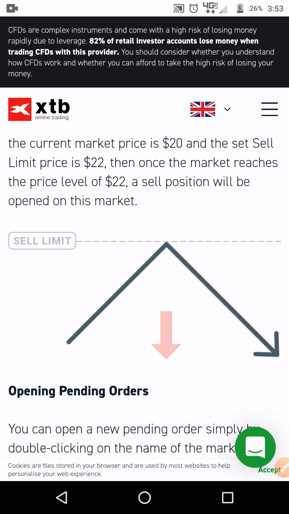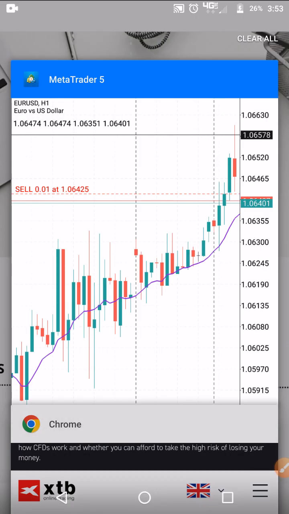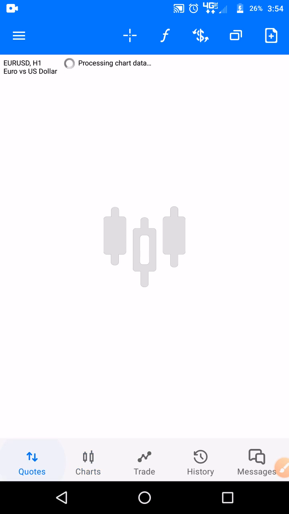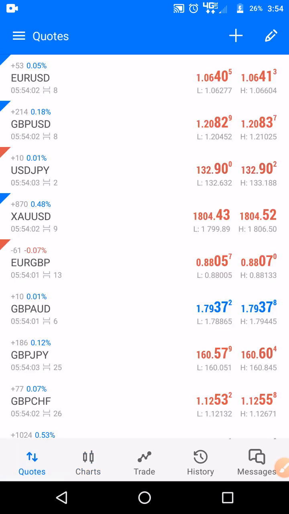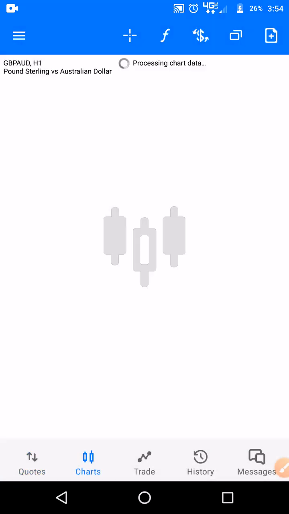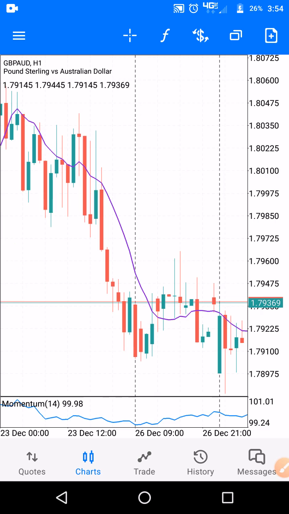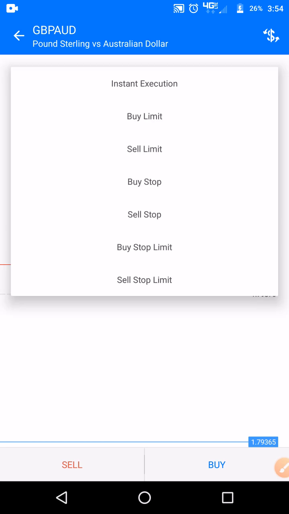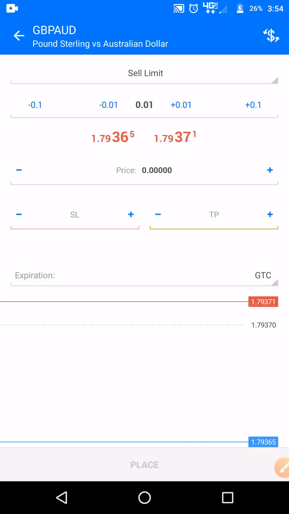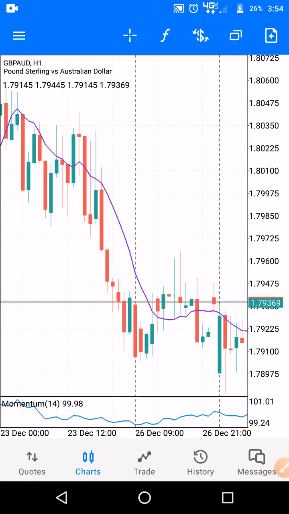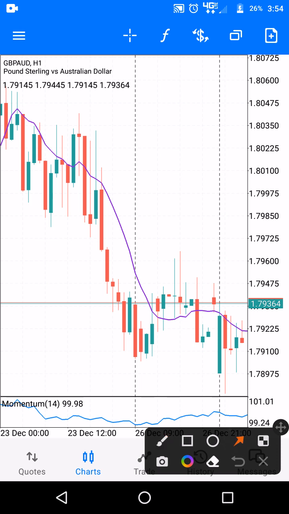Example, as you can see in the image. So let me open here and explain it a little bit more. Let me choose this quote, British pound, Australian dollar. When I open here and select sell limit, I want to actually sell around here.